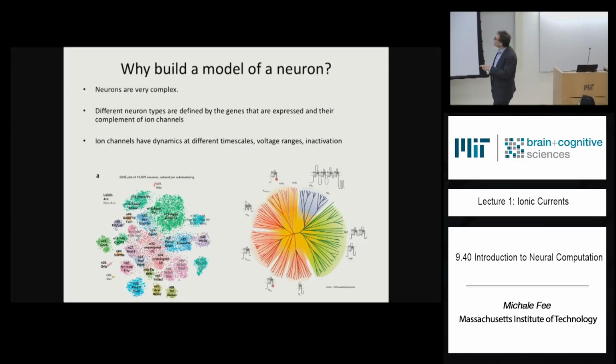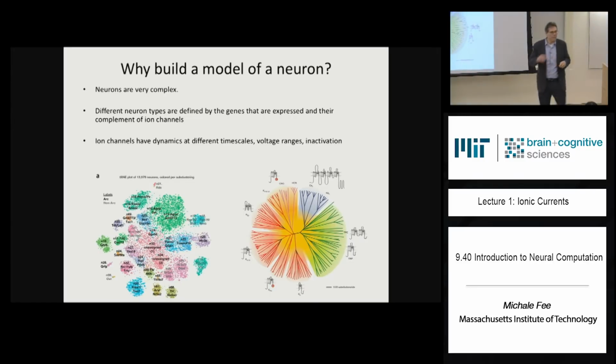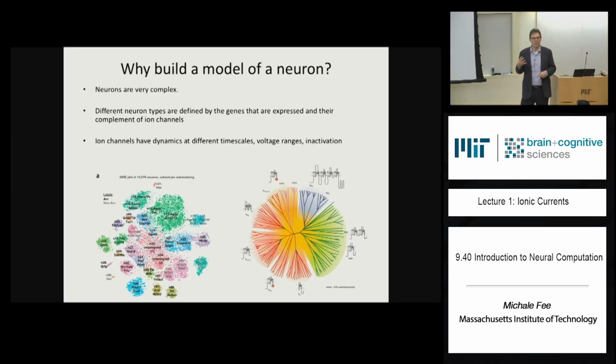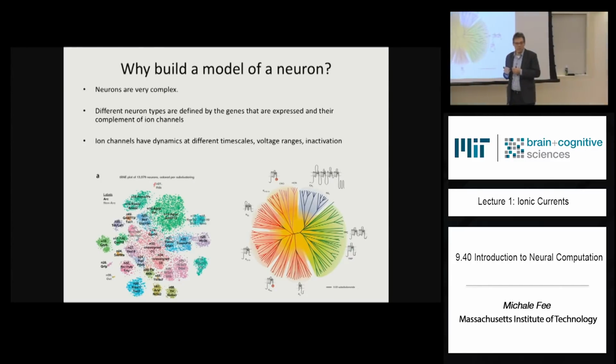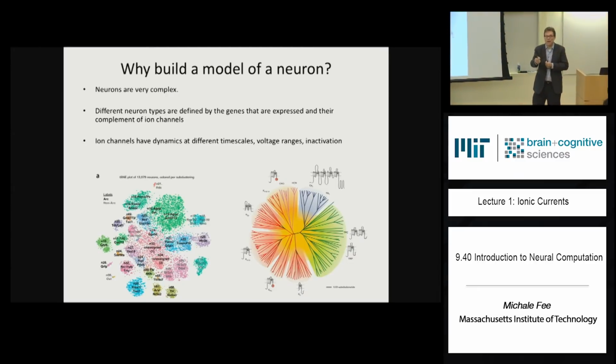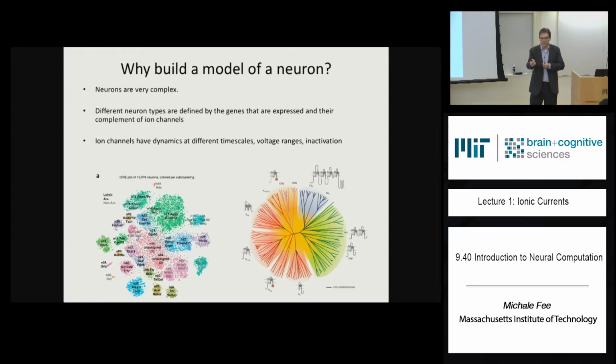All of those different ion channels have different timescales on which the current varies as a function of voltage change. They have different voltage ranges that they're sensitive to. They have different inactivations. Many ion channels, when you turn them on, they stay on. But other ion channels turn on and then slowly decay away. The current slowly decays away, and that's called inactivation.